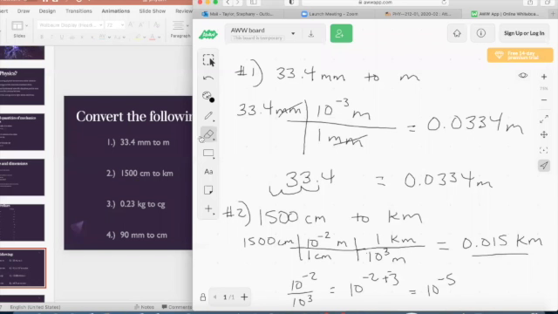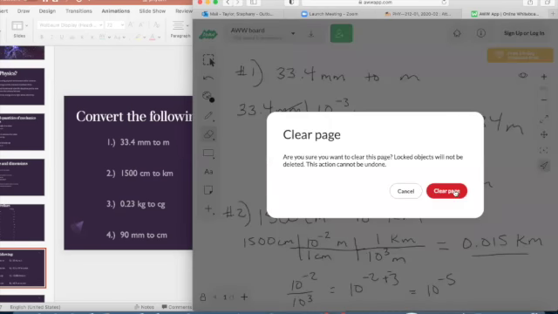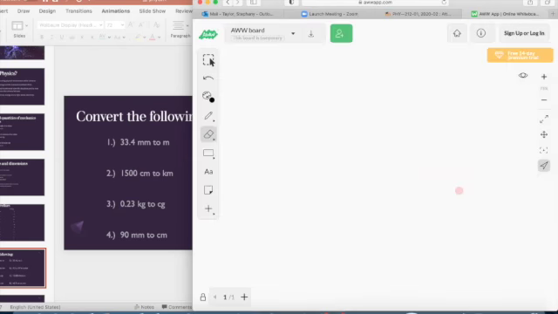All right, if not, we're going to move on to number 3. So let me erase this and start from scratch. All right, number 3, we're going from 0.23 kilograms to centigrams.